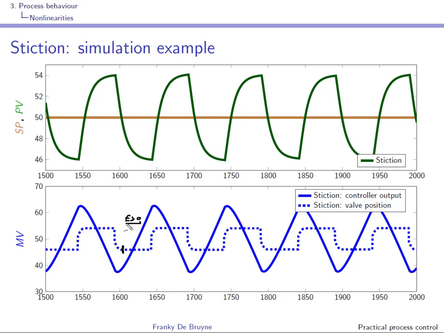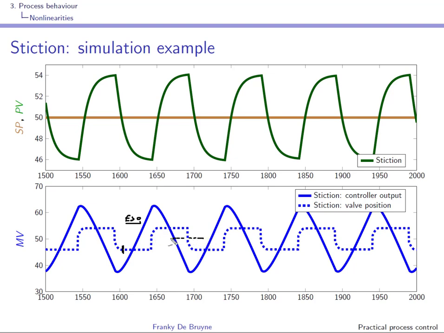And because this controller has integral action, you can see that the output of the controller is increasing, right? But because of the stiction, the control valve does not open, and more potential energy is created, and at some stage finally the control valve does indeed open, but of course it opens too much.